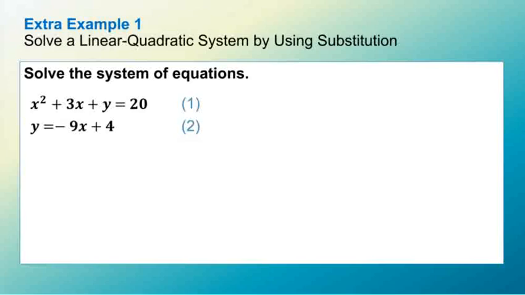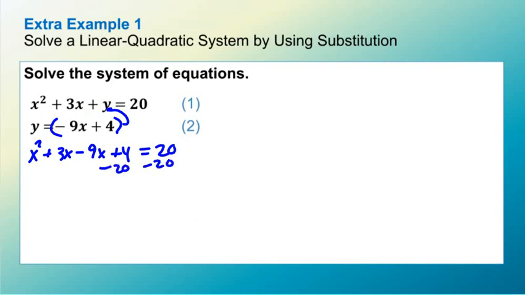Next equation. Here we solve this one by substitution. I have my y by itself, so I can substitute that in here. So now I have x squared plus 3x minus 9x plus 4 equals 20. I want to make everything equal to 0, so I'm going to subtract 20.